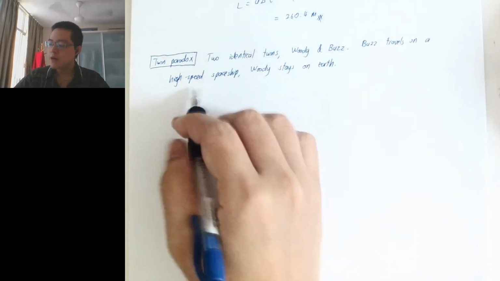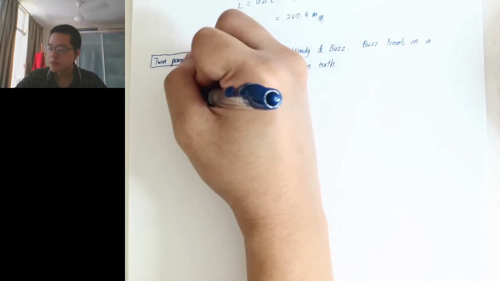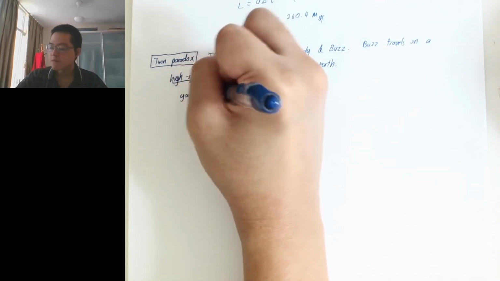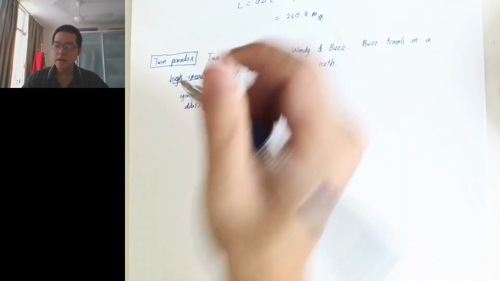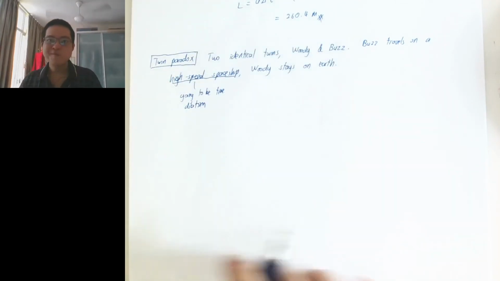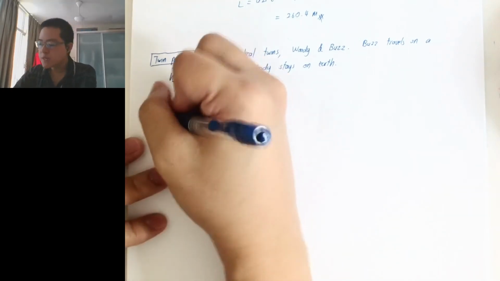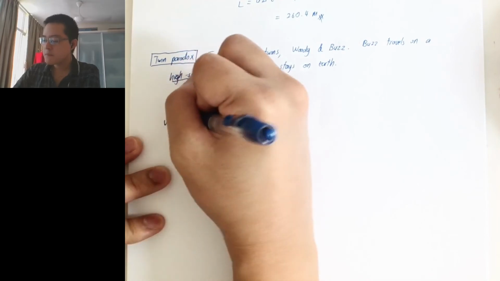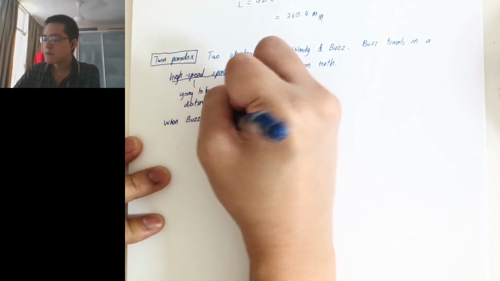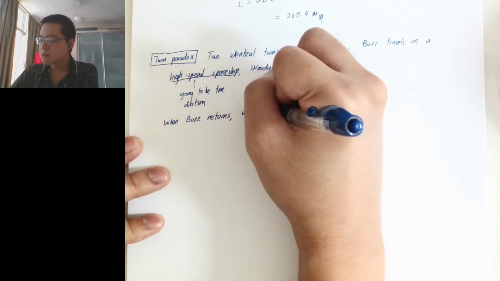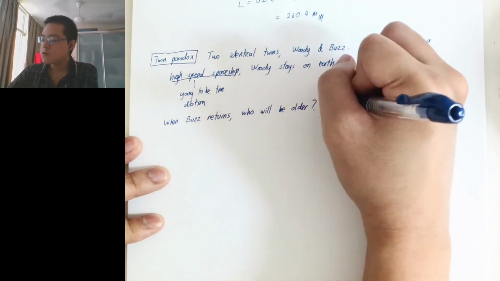Because Buzz has a high speed spaceship, there's going to be time dilation. So when they come back to Earth, when Buzz returns, who will be older? And who is younger?